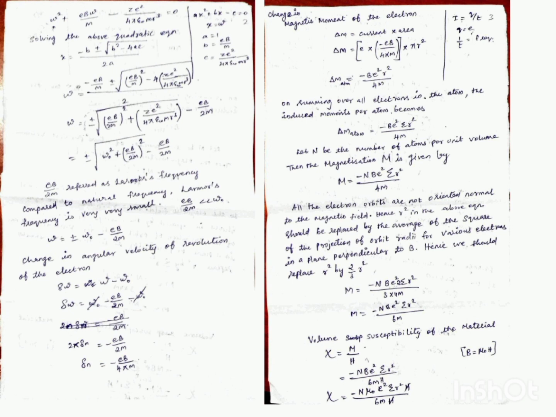Now we are going to calculate the change in magnetic moment of the electron, that is current into area. We know that the area of the circular orbit is pi r squared. Then the current value we get from the normal equation I is equal to q by t. So the value is minus B e squared r squared upon 4m.